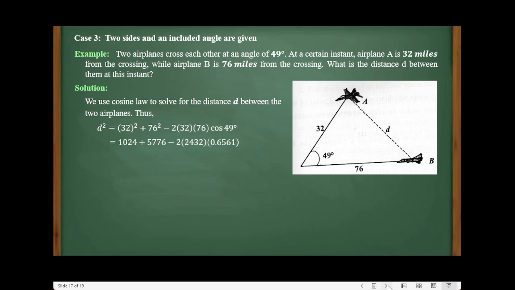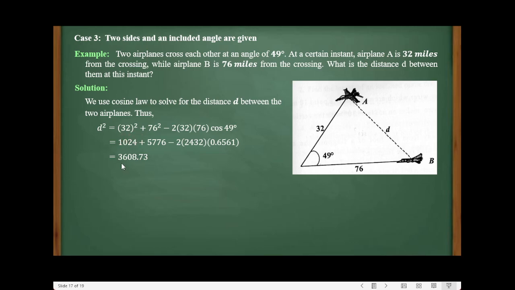Okay, you could use the scientific calculator here. So 32 squared is 1024, 76 squared is 5776, minus 2 times the product of these two, then cosine of 49 taken from your scientific calculator. And then, okay, follow the MDAS rule in order to simplify this expression.